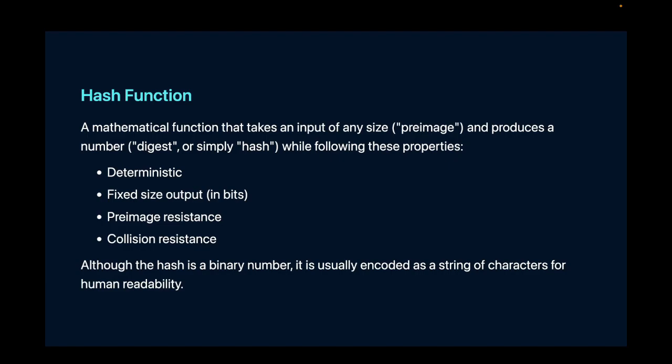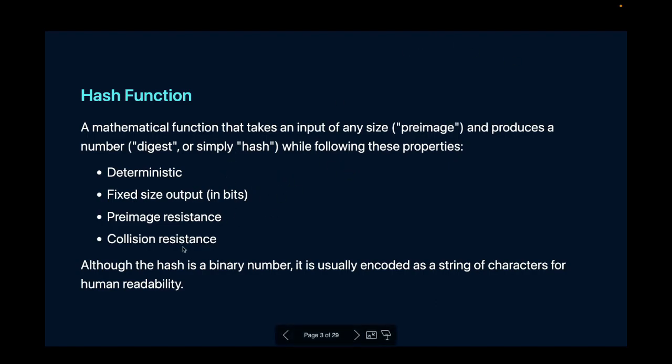We also have the property of collision resistance, which means that every hash can only be generated by one single pre-image. We would never have a situation where two different pre-images generate the same hash. So these are the fundamental properties of a hash function.